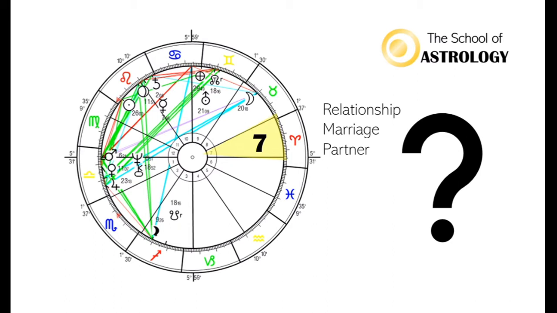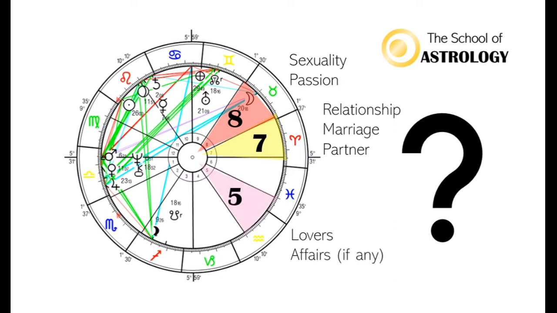To interpret relationship, marriage, and about the partner, we use house number 7. For interpreting sexuality and passion, we use house number 8. And to find out about what we love and about lovers and affairs, if any, we use house number 5.